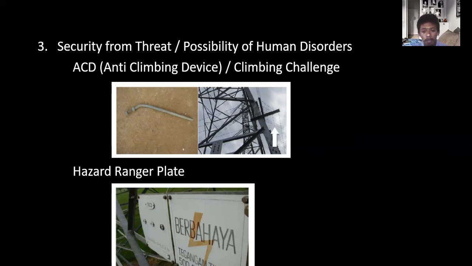Climbing barriers are made spiky, spaced 10 centimeters in length, and mounted on each foot of the tower below the danger sign. Number two, danger plate. This component serves to provide an alarm warning of high voltage or extra high voltage.